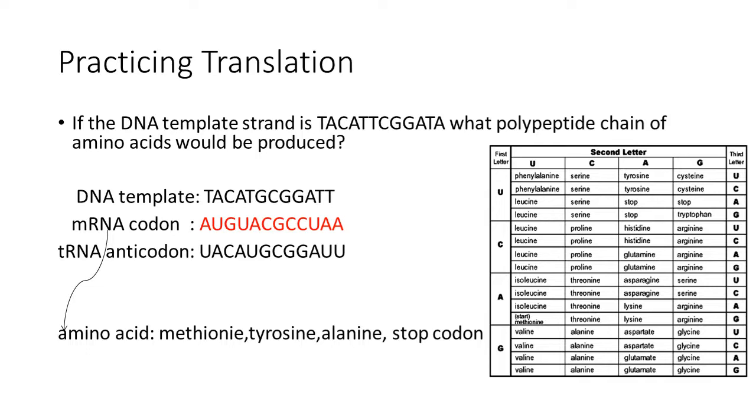We have in mRNA codons AUG, UAC, GCC, UAA. How many codons here? AUG, UAC, GCC, UAA, 4 codons. So they have 4 tRNA anticodons.